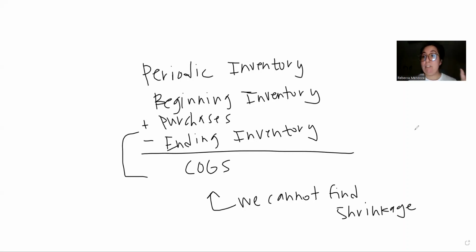We don't have those barcodes that go straight through the computer and update the inventory automatically. This is periodic. That only happens when we physically count that inventory at the end of the period. Since it's only counted once a period, we're assuming if it's not in ending inventory, we must have sold it. There's no way for us to know if it was actually stolen or not. So it is not possible for us to find shrinkage.